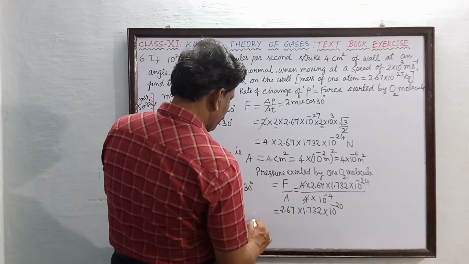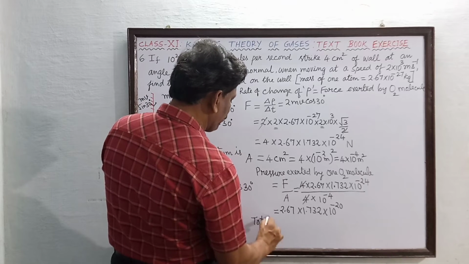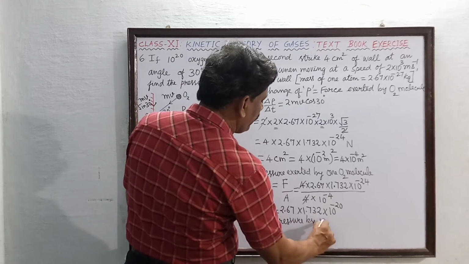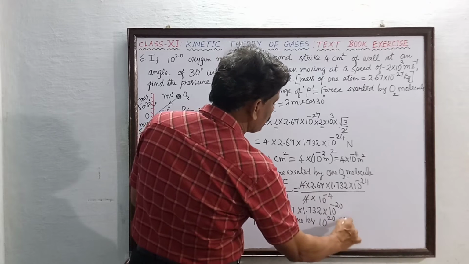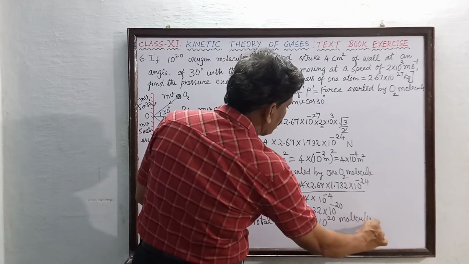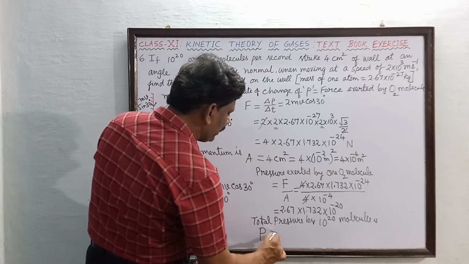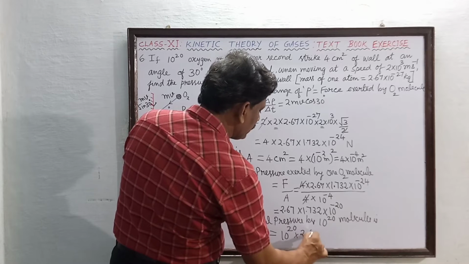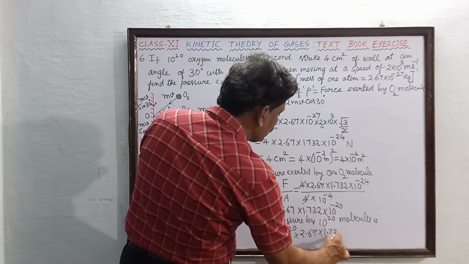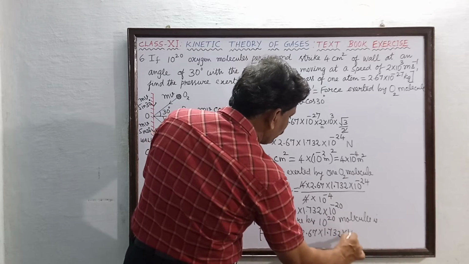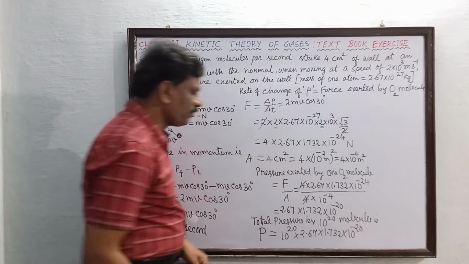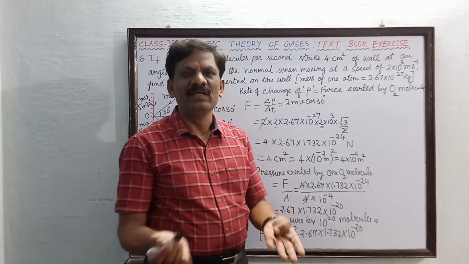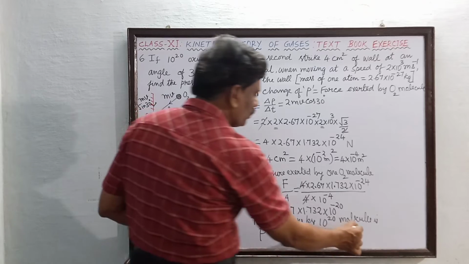So the total pressure by 10 power 20 molecules is capital P equal to 10 power 20 into 2.67 into 1.732 into 10 power minus 20. So 10 power plus 20 multiplied by 10 power minus 20 will be 1, so I can cancel these two.